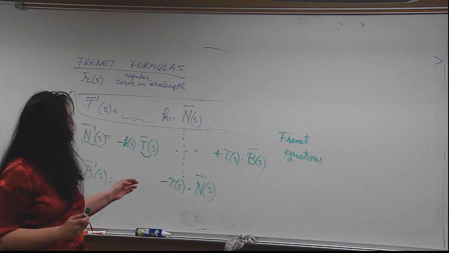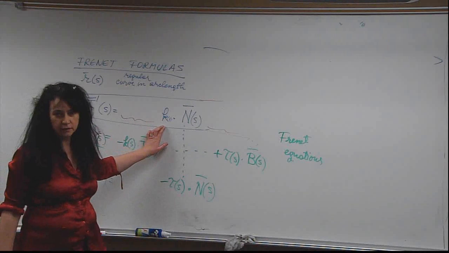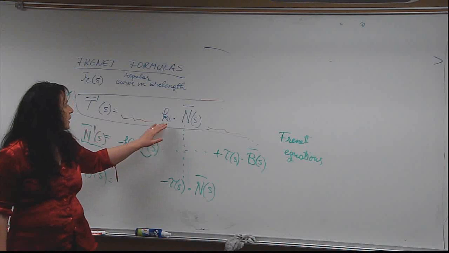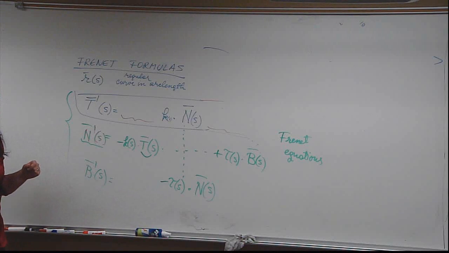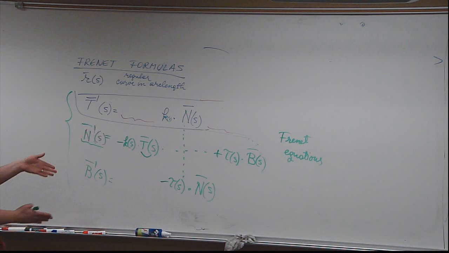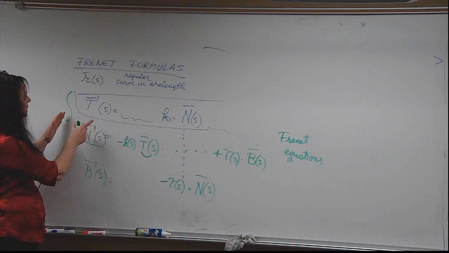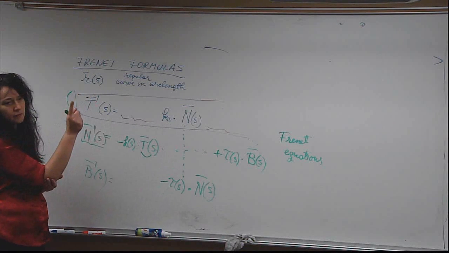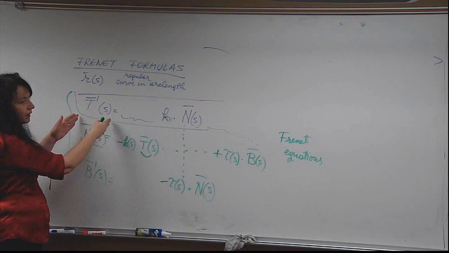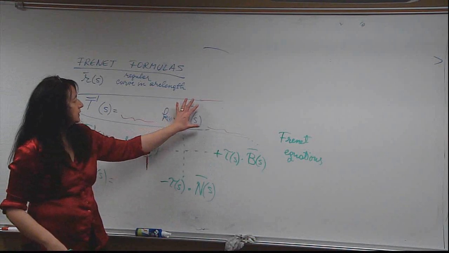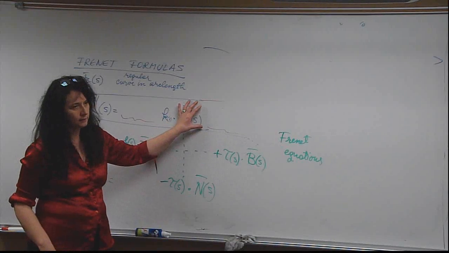Not only does K show you how bent a curve is, but K is a measure of how fast T changes. If you take the magnitude of that, this is the speed of T. So how fast T will change will be just K, because the magnitude of N is 1.